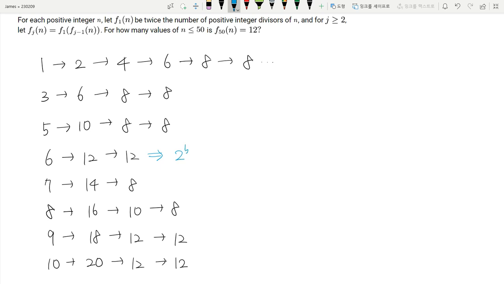So one such number is 32, 2 to the fifth power, because 32 has 6 factors. So these numbers have 6 factors.